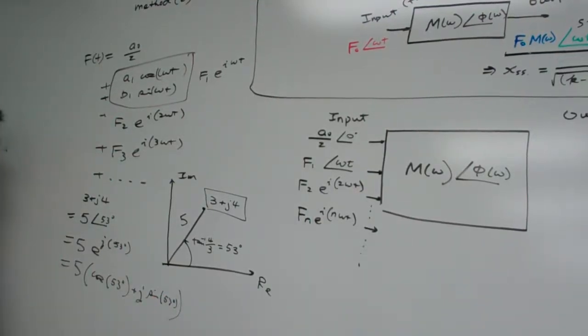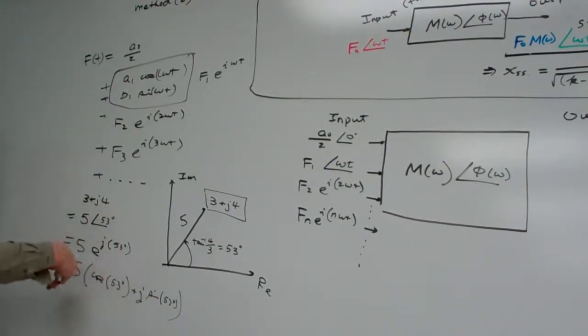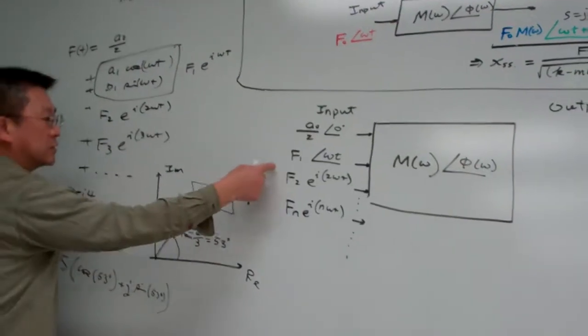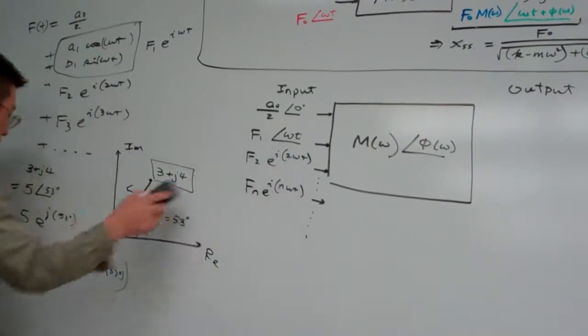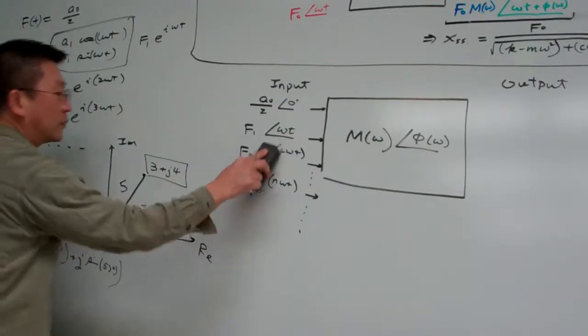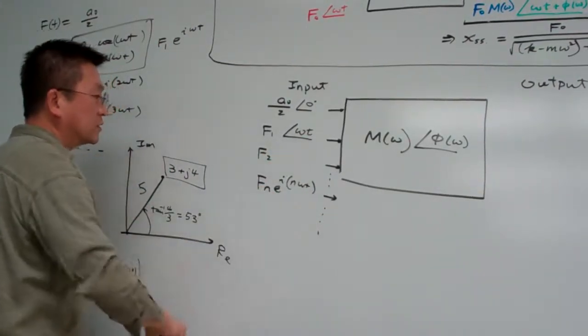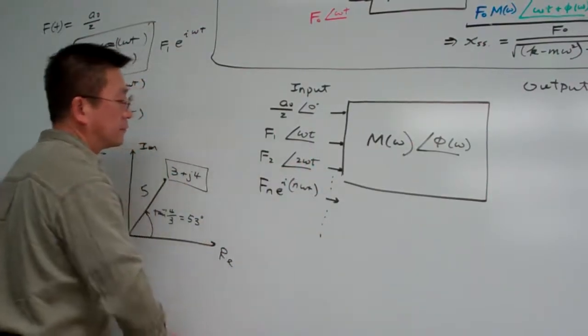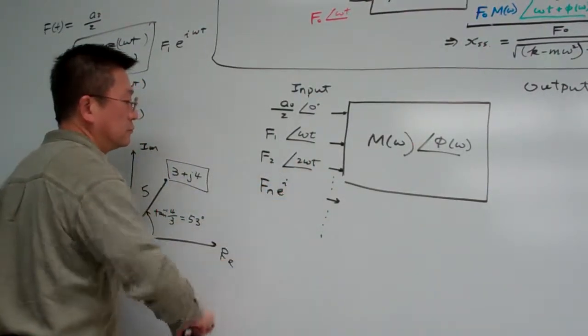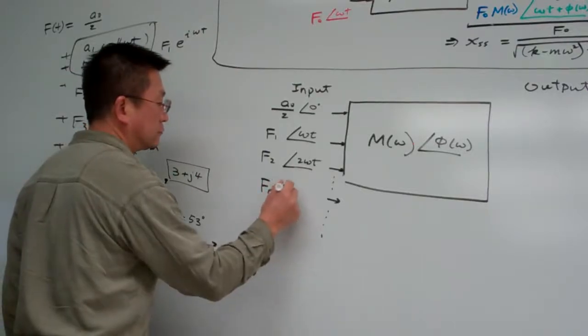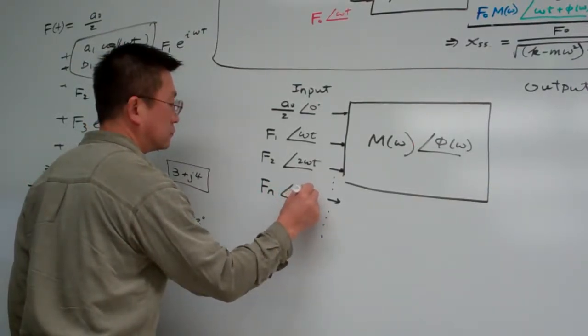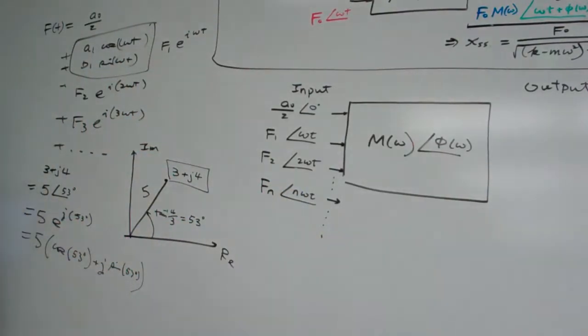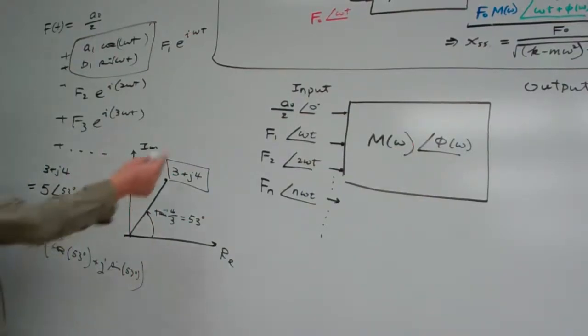So we have a couple of general forms, and right now I simply replace this e with this one, so that it'll be easier for us to graphically see the magnitude and phase angle. You good?